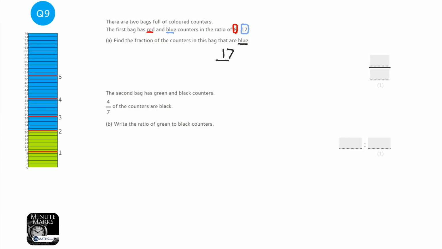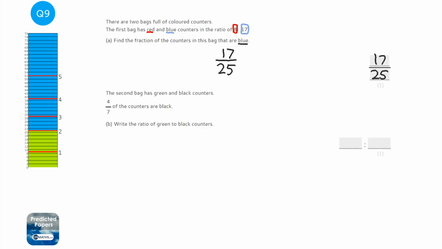So 17 goes at the top of the fraction. But how many are there all together? And so it's tempting to put 17 over 8, but it's all together. The bottom of a fraction is the total. So we need to do 8 plus 17, which is 25. So the fraction is going to be 17 over 25.